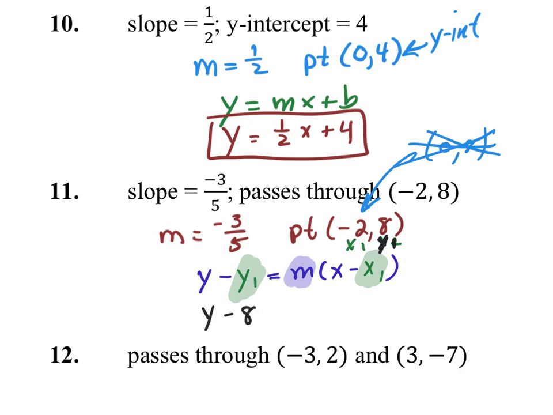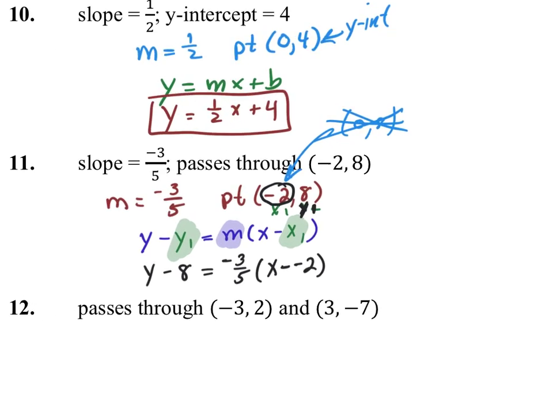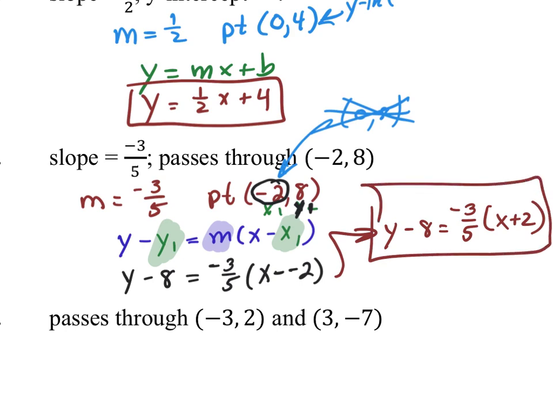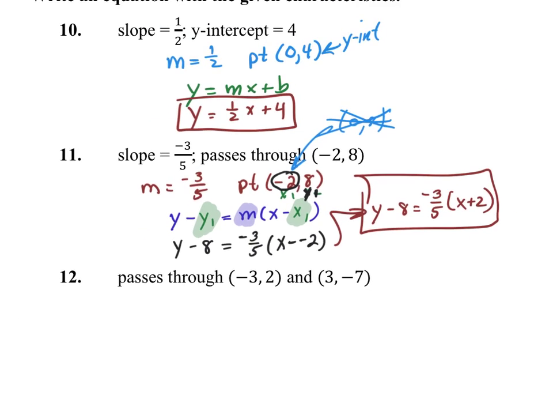That's 8 equals my slope. And then x minus, be careful here, x1 is negative 2. Now don't leave your answer like that. That's just laziness if you stop there. Go ahead, y minus 8 equals negative 3 fifths times x plus 2. It didn't say put it in slope-intercept form, so we're going to stop right there.